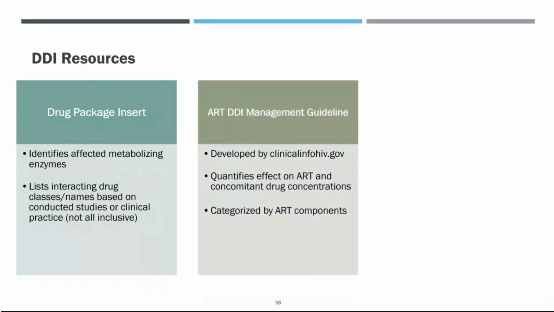And there's the ART drug interaction management guideline, which was developed by clinicalinfo.HIV.gov. And it quantifies the effect on the ART and the interacting medication drug concentrations, and they're categorized by the ART components.